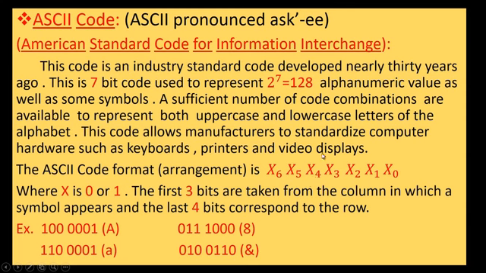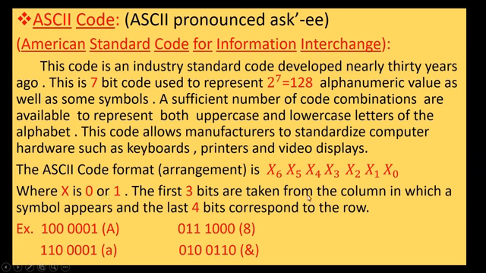In this way, this is a 7-bit code. In this 7-bit code, the first 3 bits show the column and the remaining 4 bits show the zone. Okay.